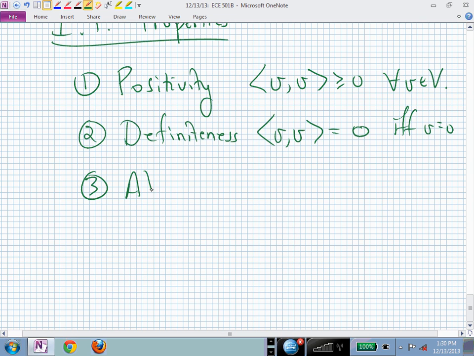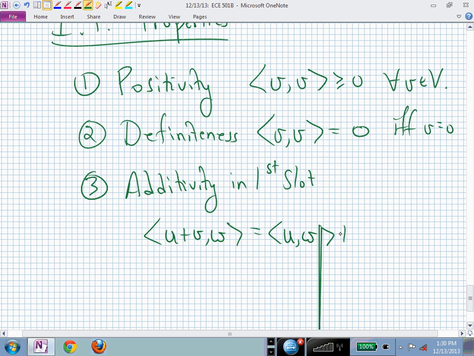Three, as a third property for an inner product, it has to have additivity in the first slot, which means if we had U plus V inner product with W, that's equivalent to forming these other two inner products.